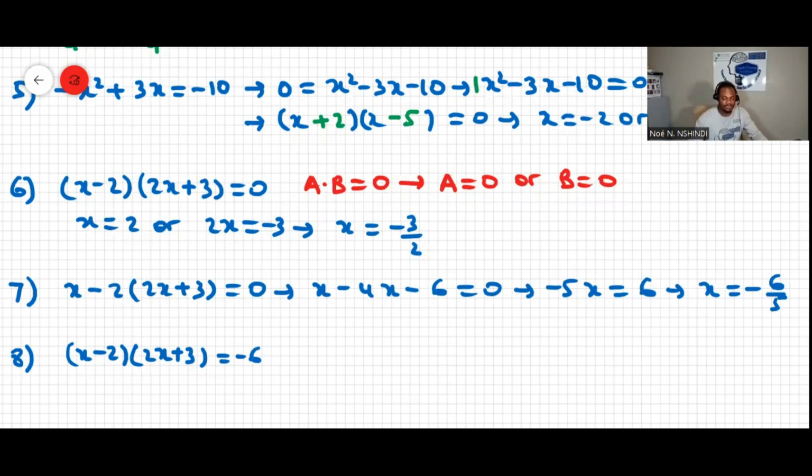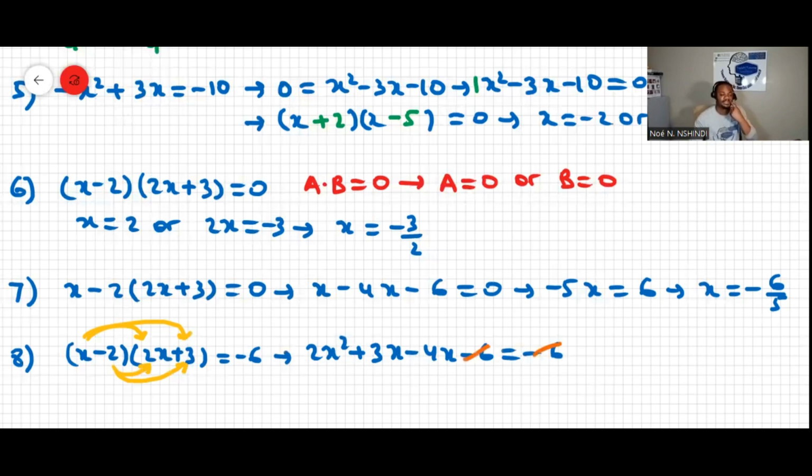So this will be x times 2x, x times 3, negative 2 times 2x, negative 2 times 3, which is 2x squared plus 3x minus 4x minus 6 equal to negative 6. Now we have negative 6 on both sides of the equal sign, so we can just drop the negative 6.